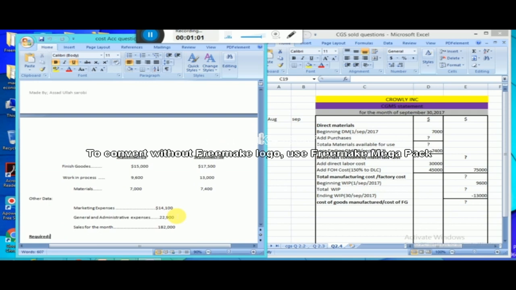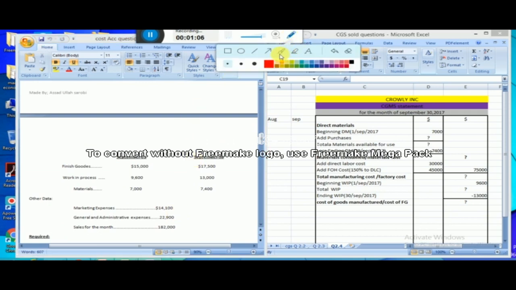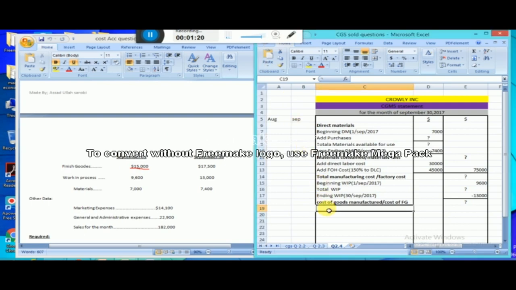If we look in the question, yes, we have the 15,000 finished goods remaining from the month of August. So we will add these 15,000 finished goods in the month of September. Why?